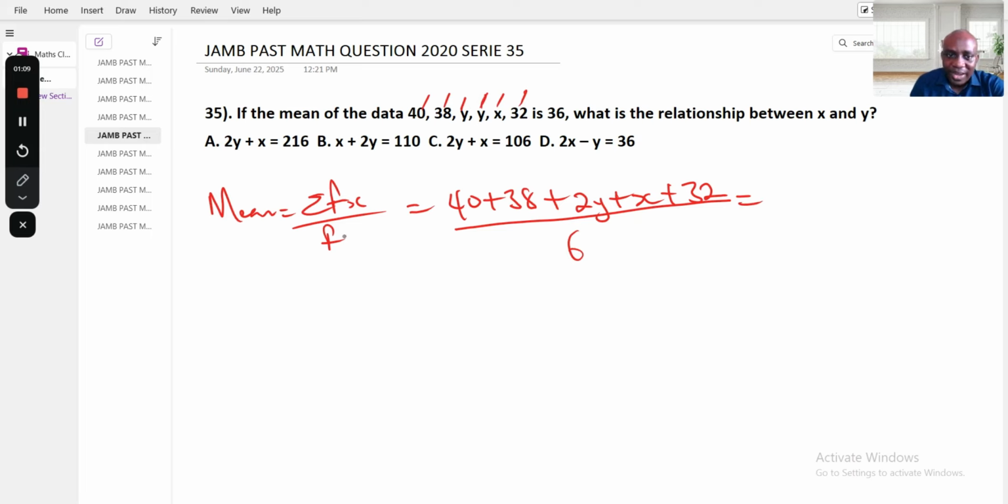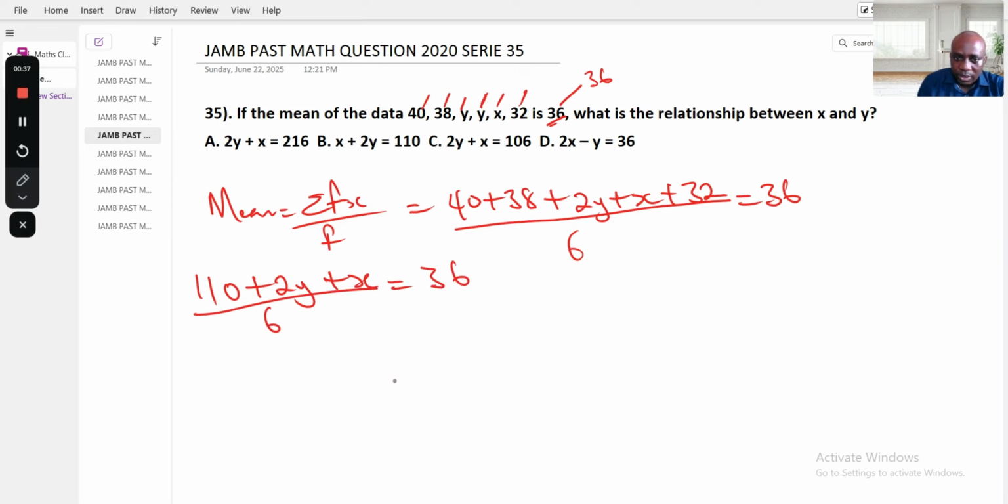And we have the final answer of the mean. The question has given us a mean of 36. Now let's add up this thing. 40 plus 38 plus 32 is 110. So 110 plus 2y plus x, divided by 6, equals 36.